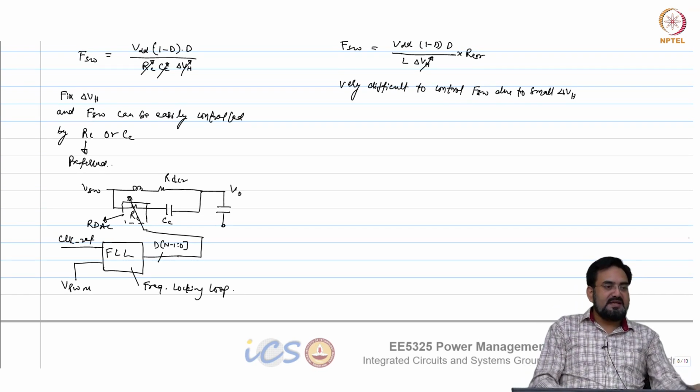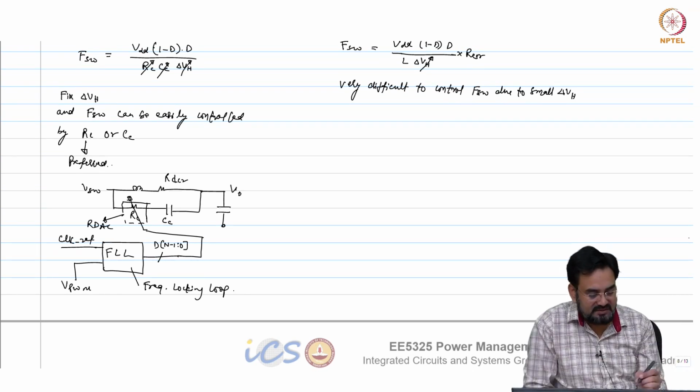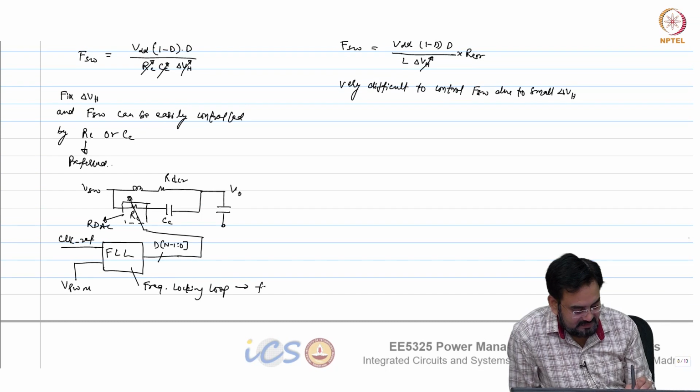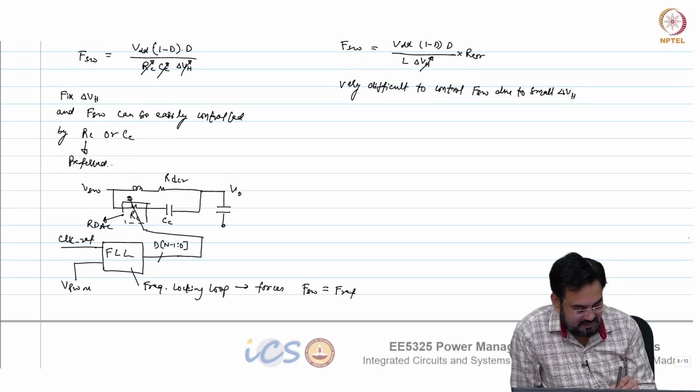So, what it does basically, it forces FSW equal to FREF.